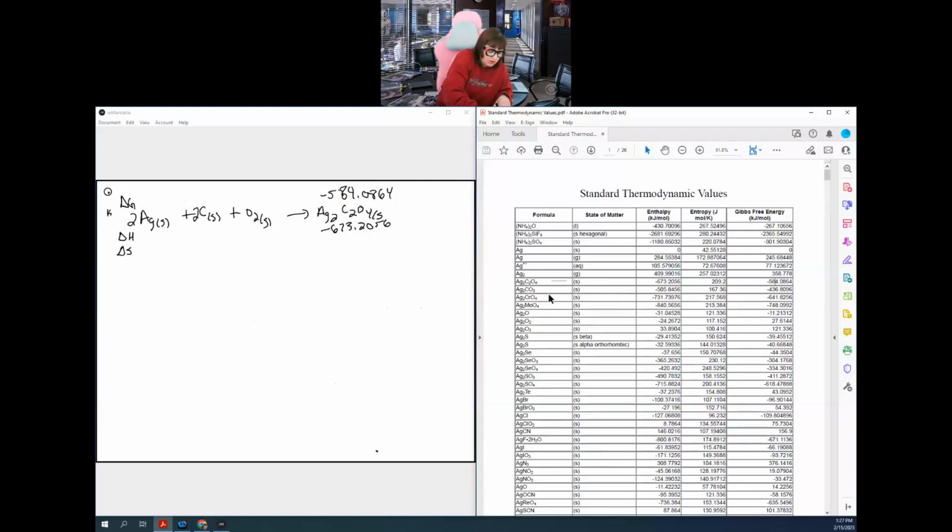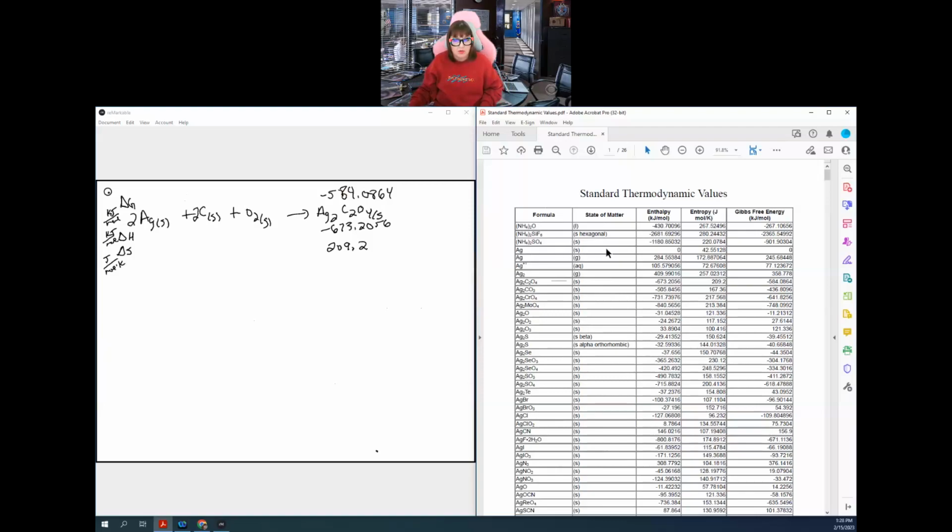So kilojoules per mole for that one, kilojoules per mole for this one. And this one is joule per mole Kelvin. So there are different units on our S values, or entropy values. So my entropy is 209.2. So that's my Ag2C2O4.